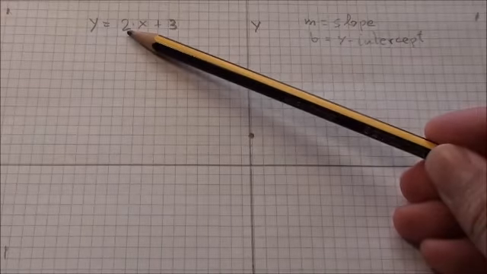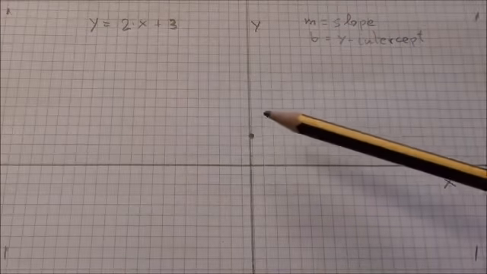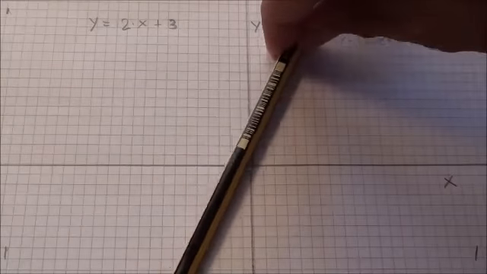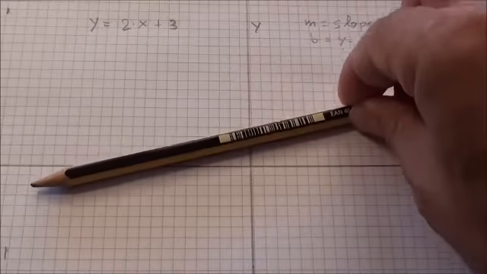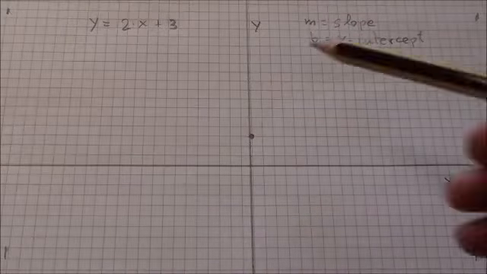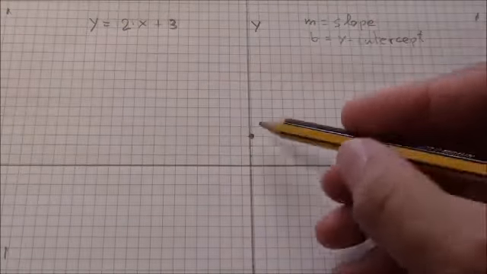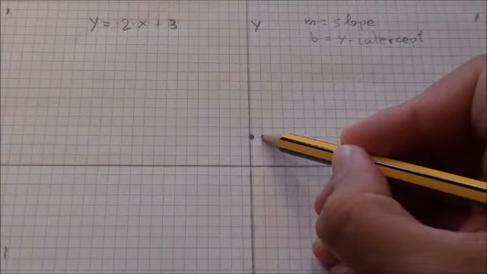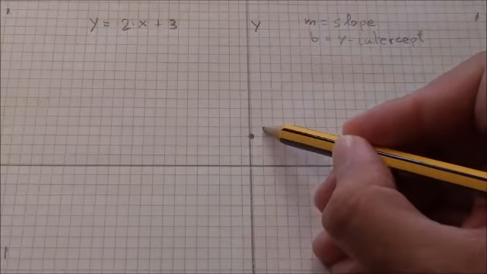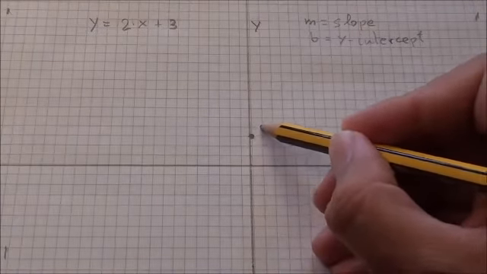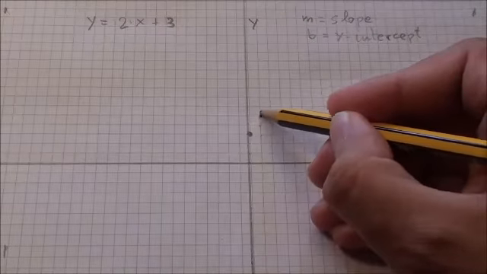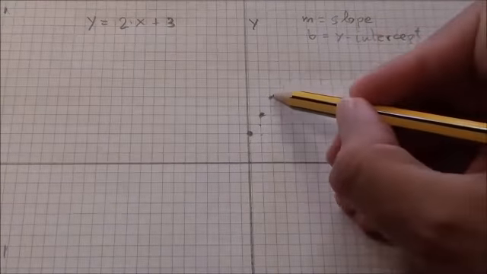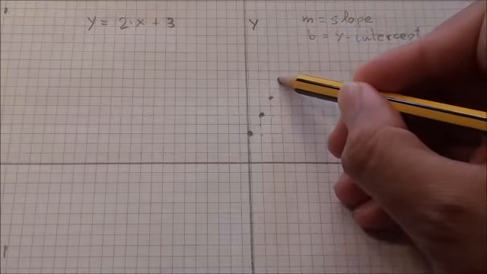And now let's focus on the slope. The slope, 2, is telling us how steep the line is. The line can be steeper or less steep. If the slope is 2, it means that for every unit we go forward, we go 2 units up. So 1 forward and 2 up. 1 forward and 2 up. 1 forward and 2 up.